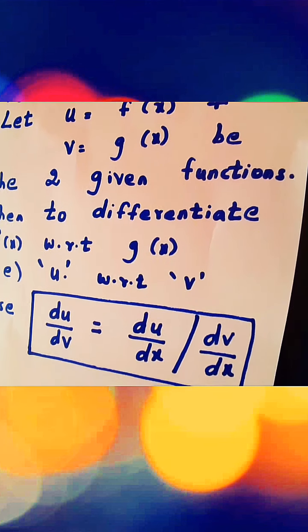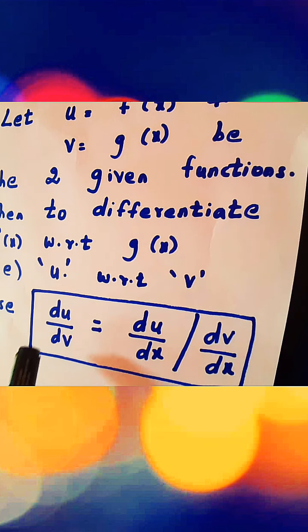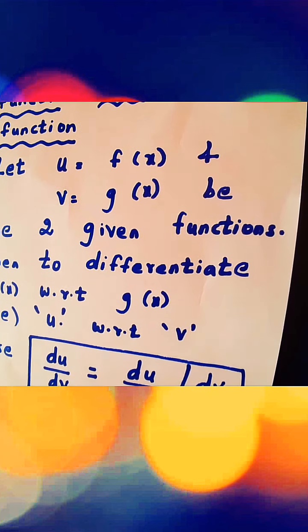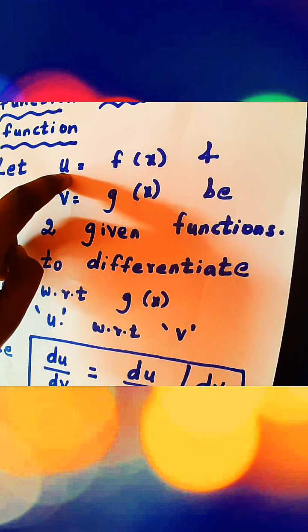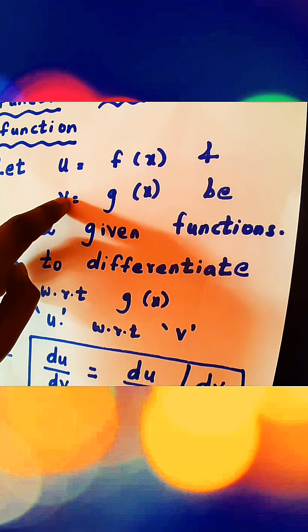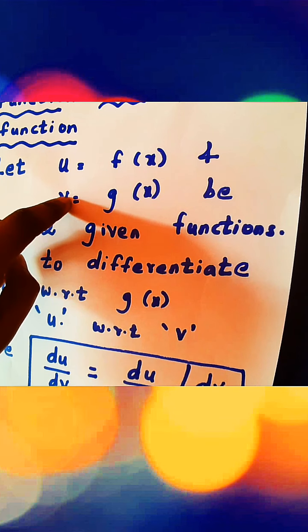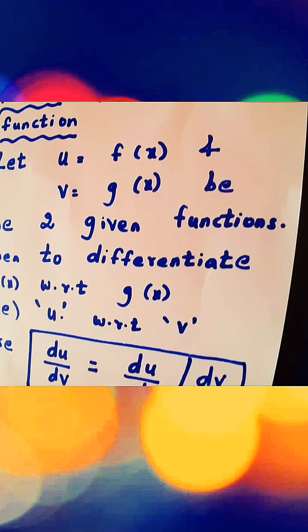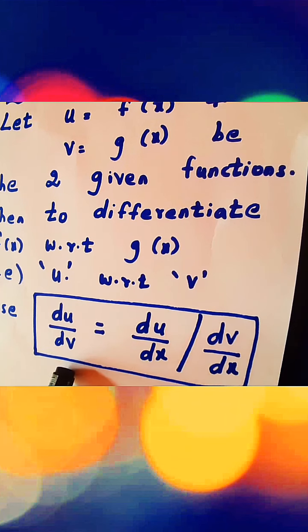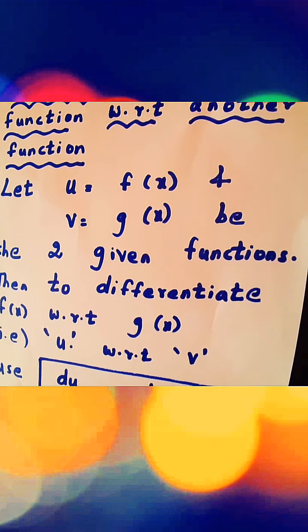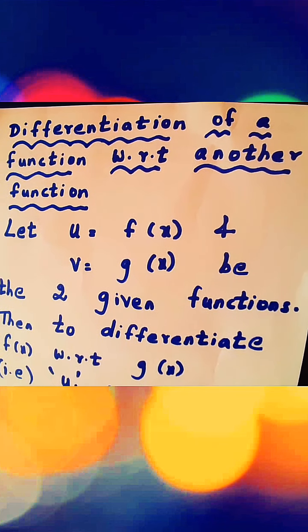We will use this formula: du by dv is equal to du by dx divided by dv by dx. Basically, we have to differentiate u with respect to x, and differentiate v with respect to x, and then finally we'll use this formula. We'll be solving a problem based on this to have more clarity.